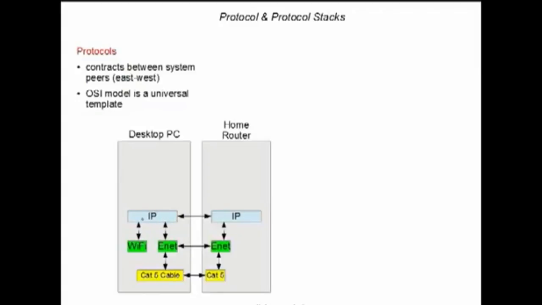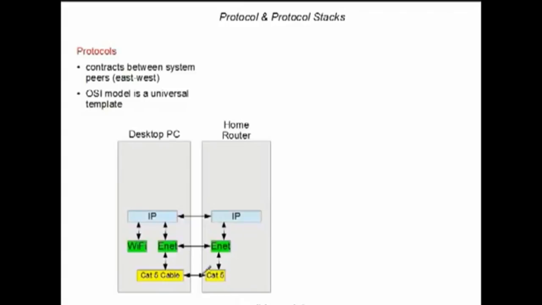So the IP protocol in this diagram can be considered a layer 3 or a network layer, and the 2 underlying protocols, Ethernet and Wi-Fi, another IEEE protocol, would be layers 2 and 1, so that would be a link layer. And then the actual physical cable between the 2 systems, between the desktop PC and the home router, would be layer 0, the physical layer.